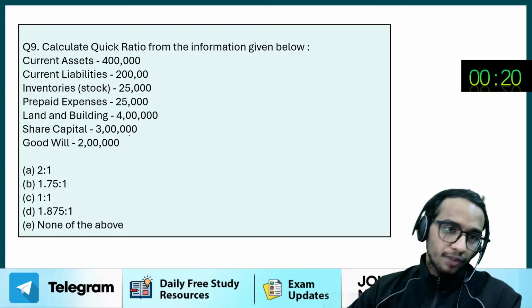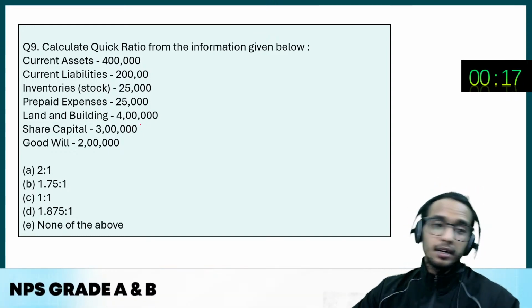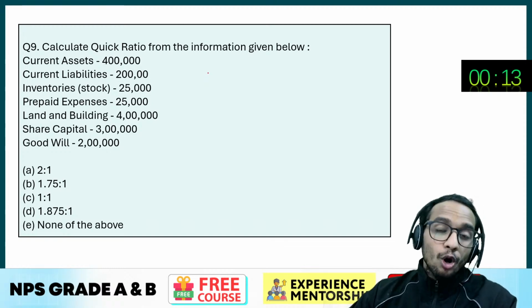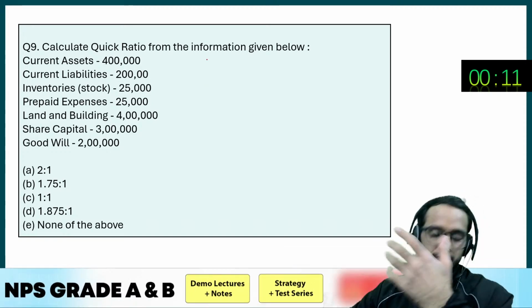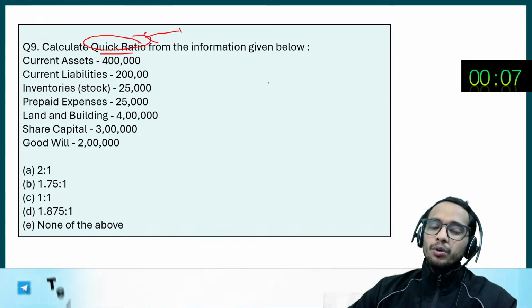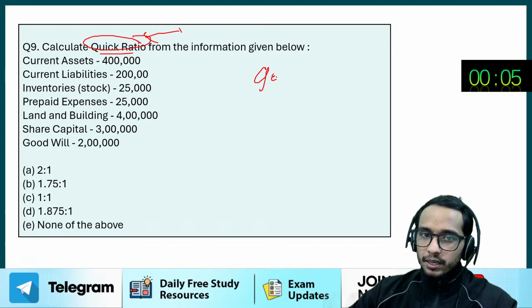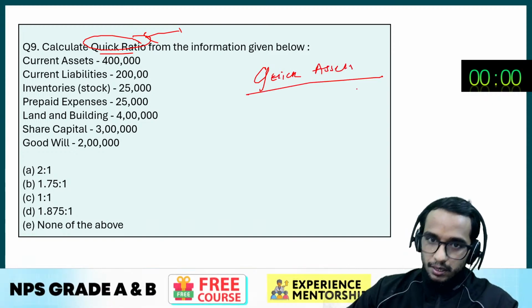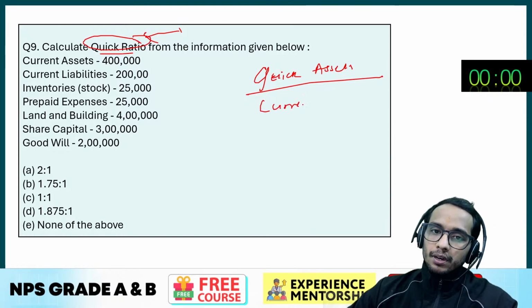Let's move ahead with the 9th question, and we have a numerical. So be ready with the copy and pen, or if you can do it mentally, congratulations. Calculate quick ratio. What is the formula of quick ratio? You know that quick assets divided by current liability.